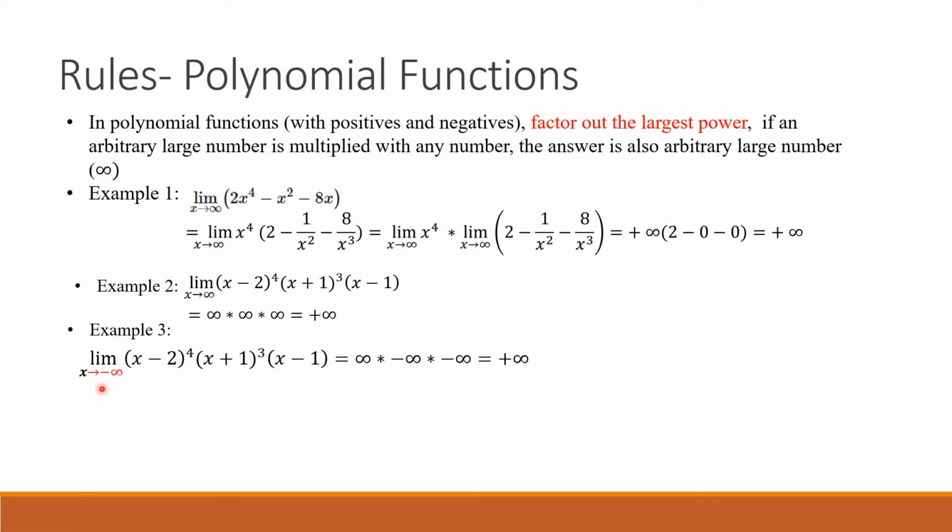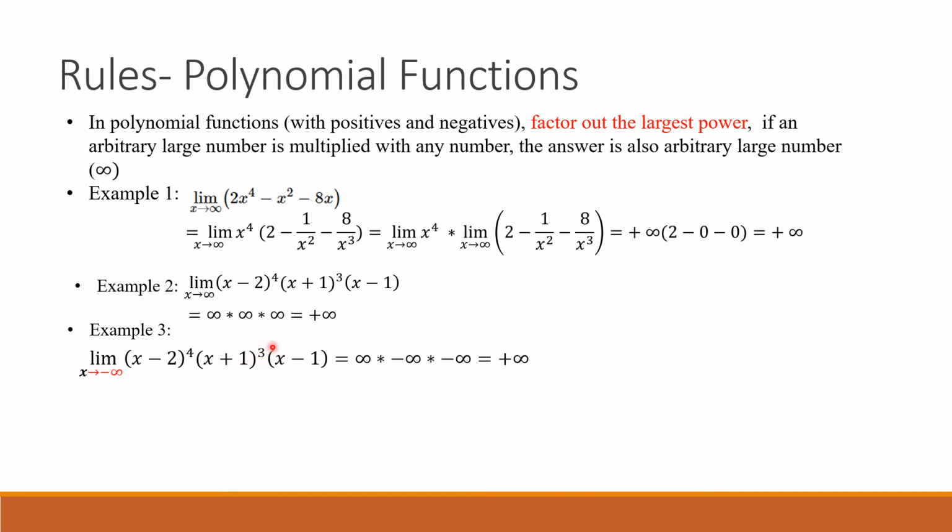The same one, but x approaches negative infinity. Here I need to take care of my power. Is it even or odd? So negative infinity minus 2 is still negative infinity, to the power 4 will be positive infinity. Negative infinity plus 1 is going to be negative infinity. Think of infinity as a huge number. A huge negative number plus just 1 is still going to be a huge negative number.